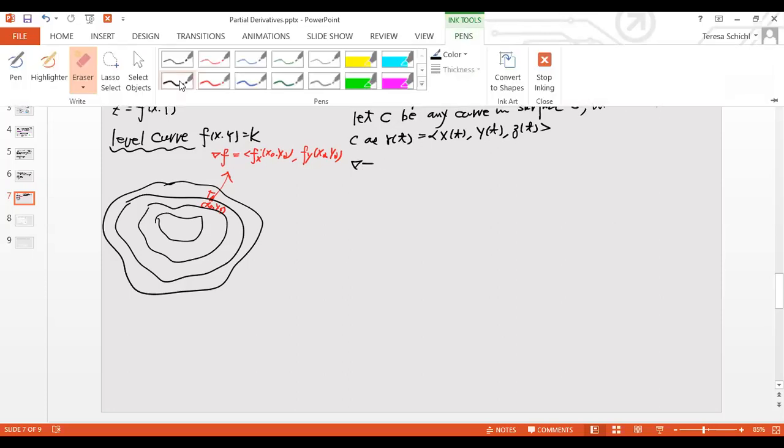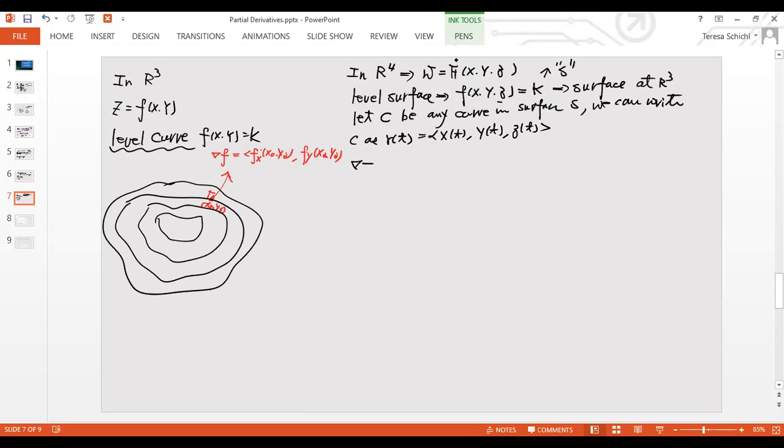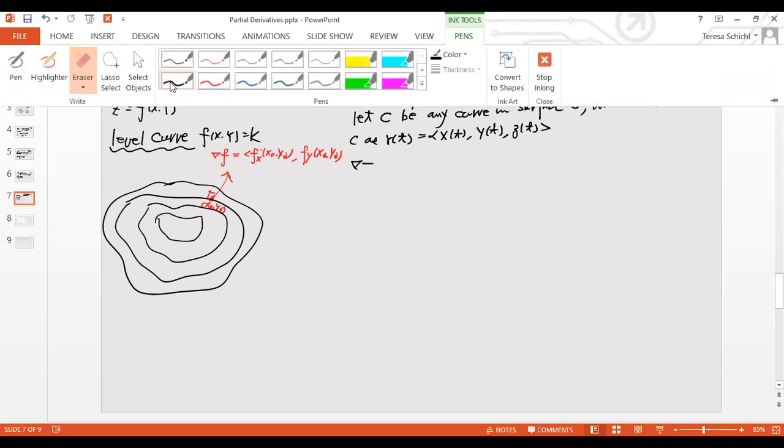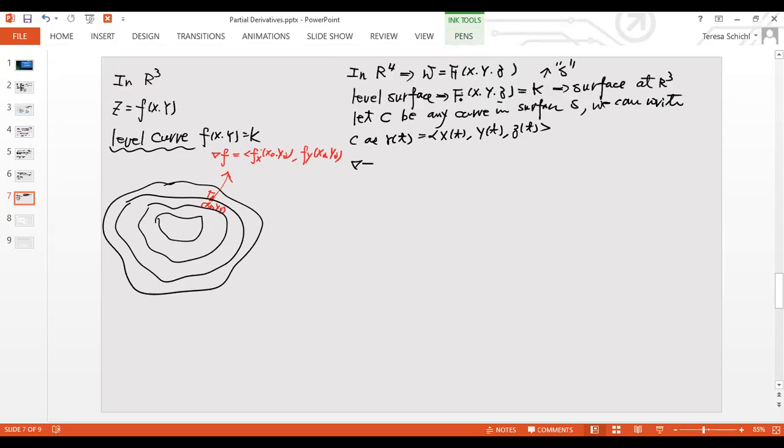So the level surface is the capital F. Now we say del F(x, y, z) will be a vector in R3, right? So it's F_x, F_y, F_z, the partials.